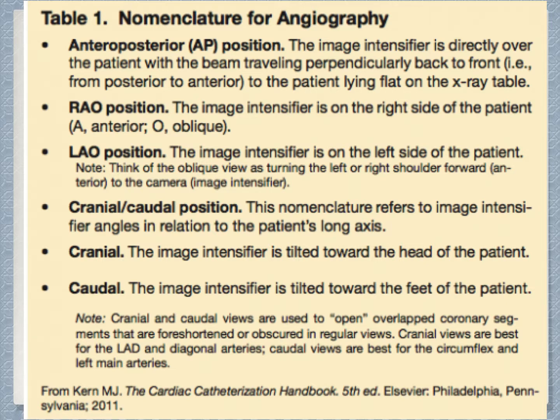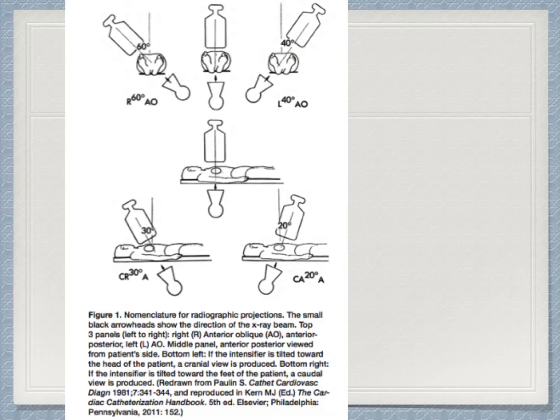We already talked about the AP position, the RAO position, LAO, cranial, caudal, and we already know this. If you want, you can pause the video. And here is the illustration showing the different projections, so you remember them or you associate them with these pictures.